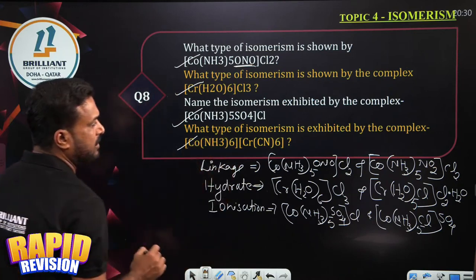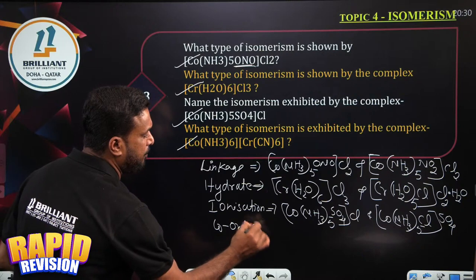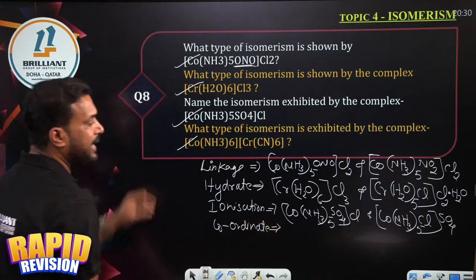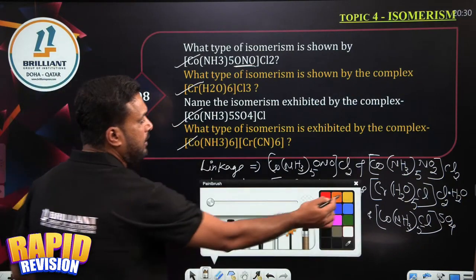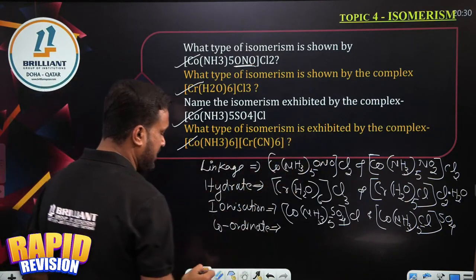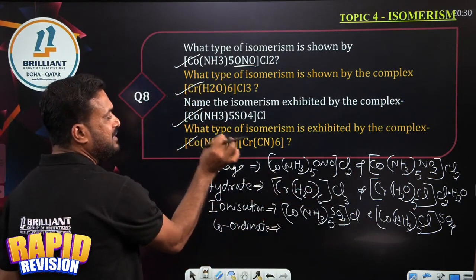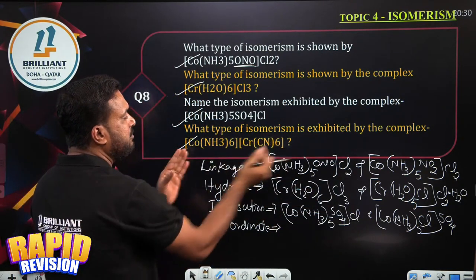Okay, the last one is coordination isomerism, or you can say coordinate isomerism. What is it? Isomerism which arises due to the exchange of ligands between the complexes. I will write here itself so we can save time. We have [Co(NH3)6][Cr(CN)6]. How will it be exchanging?